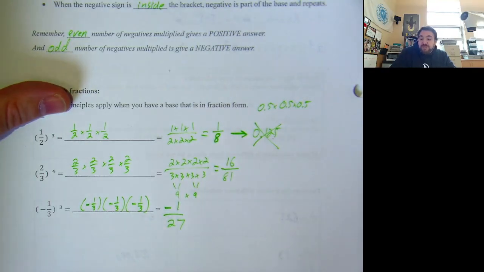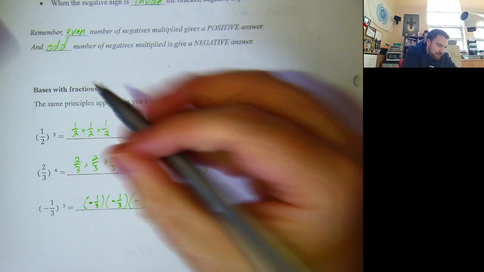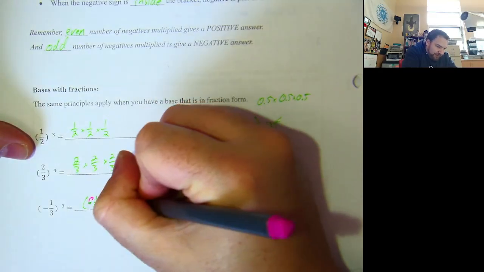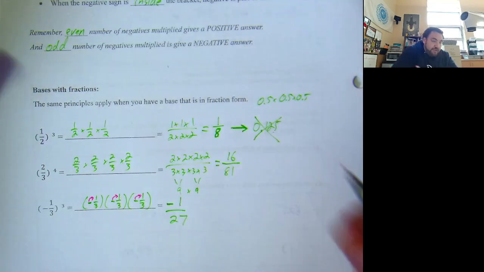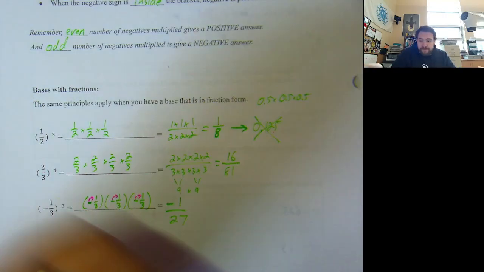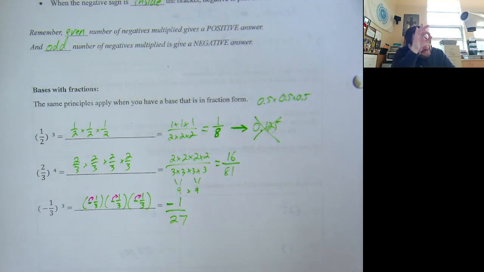Or you could do what I've told you to do before and say, okay, I'm going to bring that minus sign up into the numerator, not the denominator. Mathematically, it's the same, but it's bad convention. It's like saying Clifford the big red dog and Clifford the red big dog. I got a bunch of gross faces, because it means the same thing, right?